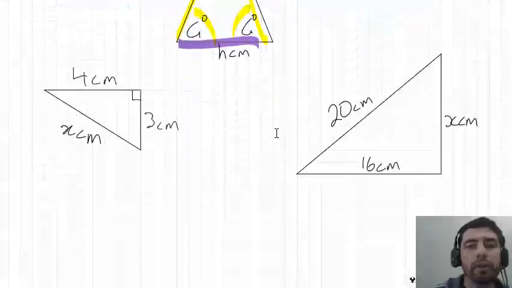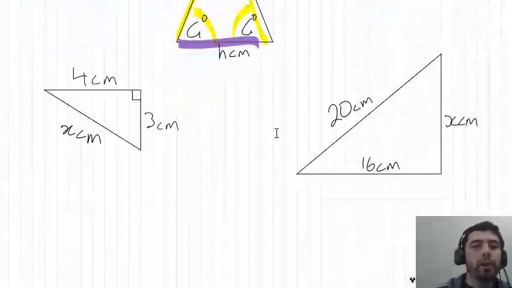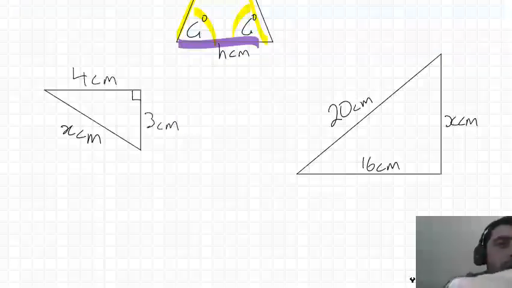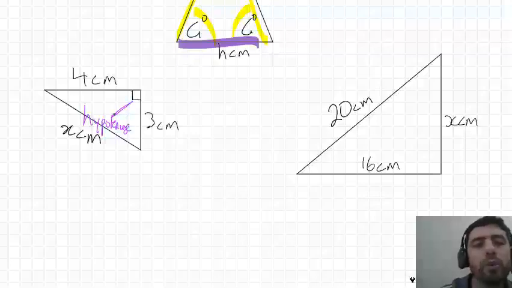So Pythagoras' theorem reminded us that if we have a triangle, the hypotenuse is a special name for the side which is opposite the right angle. It is always the longest side in a right angled triangle because the right angle has to be the biggest angle, so the side opposite has to be the biggest side.